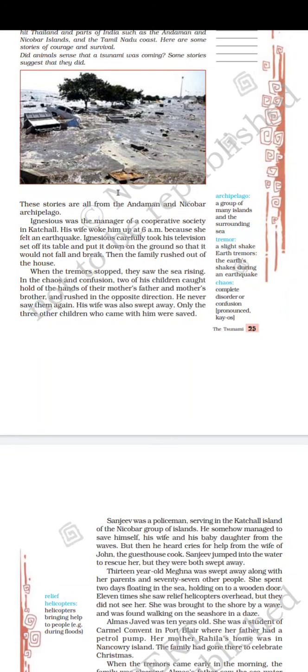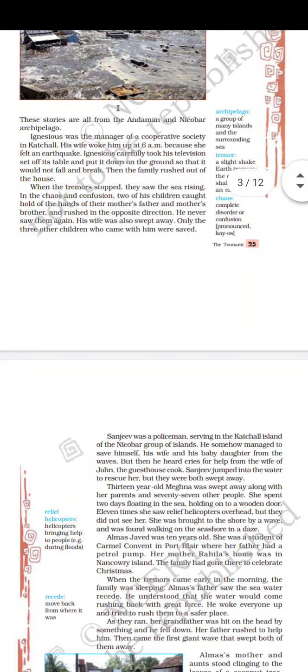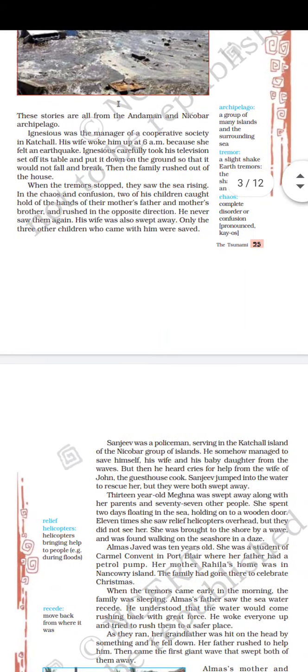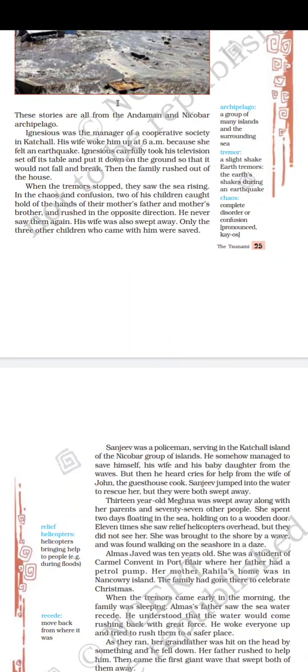Some stories suggest that they did. These stories are all from the Andaman Nicobar archipelago, right? So what is an archipelago? A group of many islands and the surrounding waters is an archipelago. So this is about the group of islands and surroundings of the Andaman and Nicobar Islands, right?